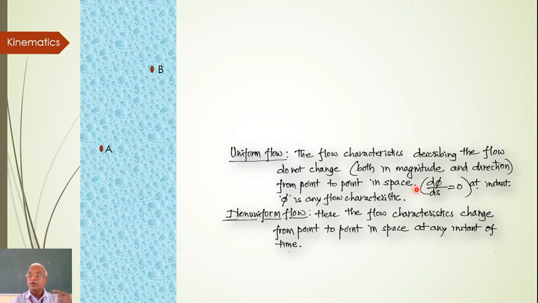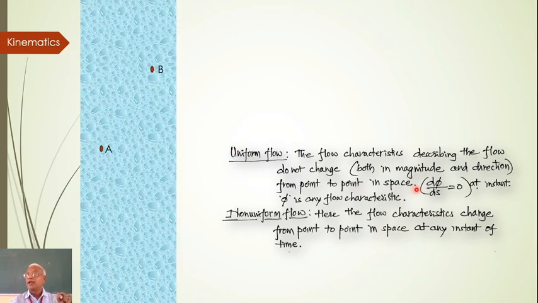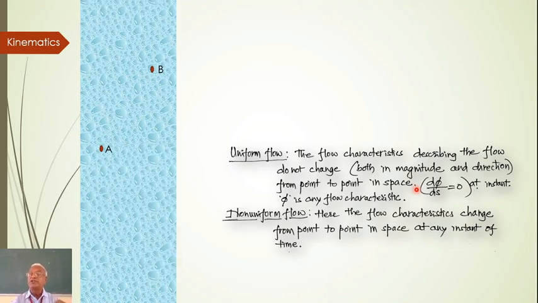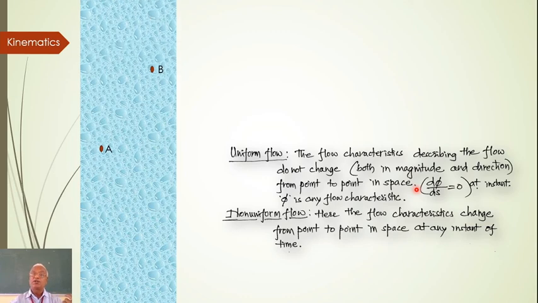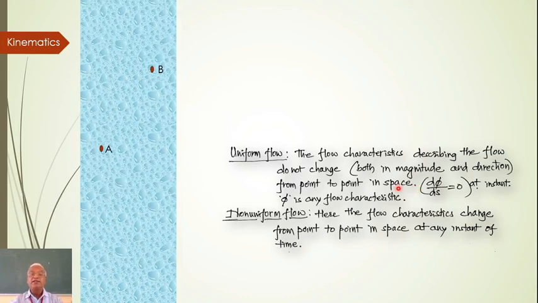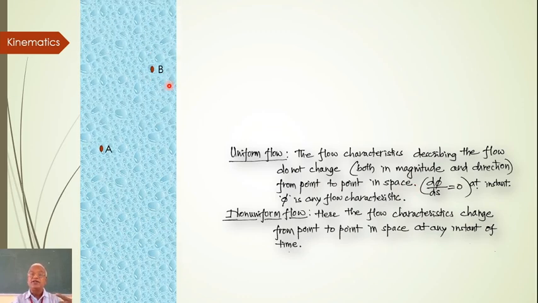When I talked about steady and unsteady, I stuck to one point, and at that one point, with respect to different time instants, what is happening is what is observed. In this case, I am trying to study things with respect to two different points.